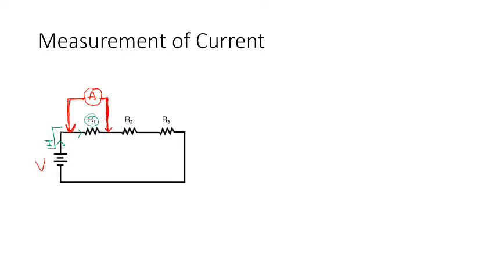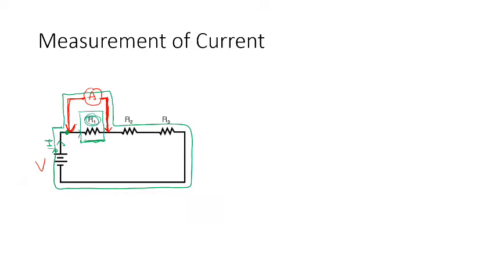As soon as the current I reaches this point, it will try to take this path and return to its origin. So we were interested in finding out the current through resistance R1, but current was least bothered to pass through R1. Therefore, current did not pass through resistance R1.